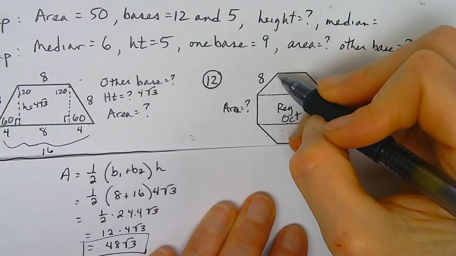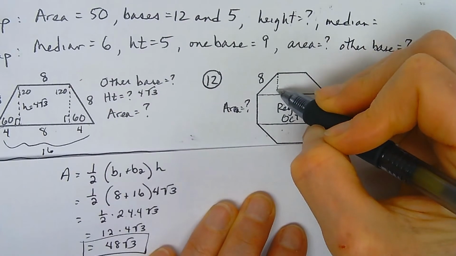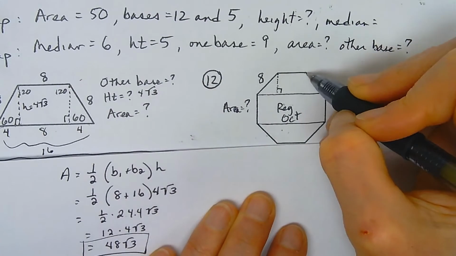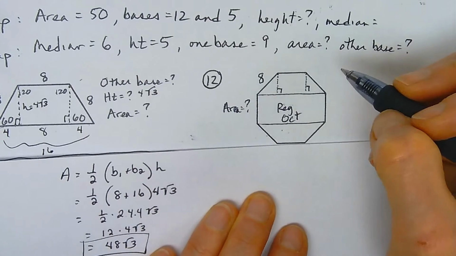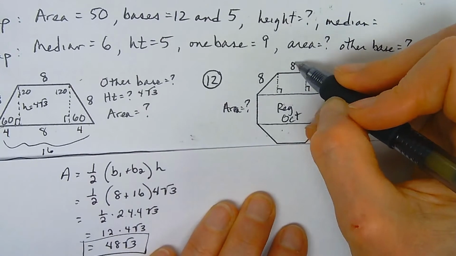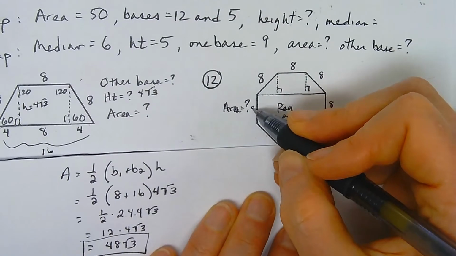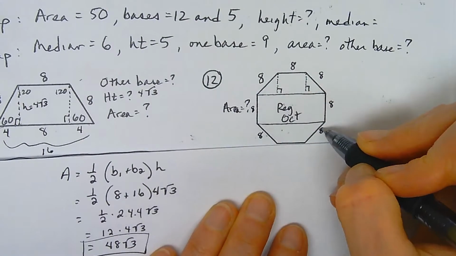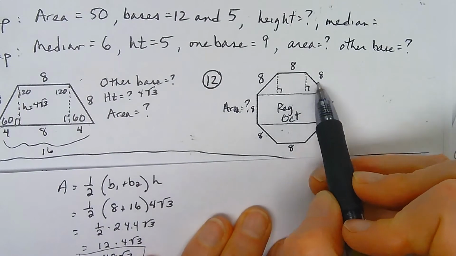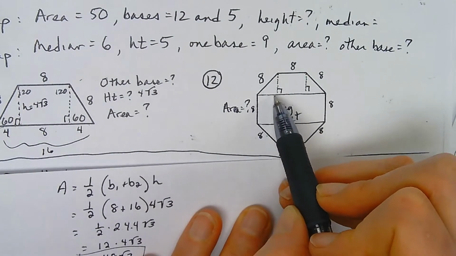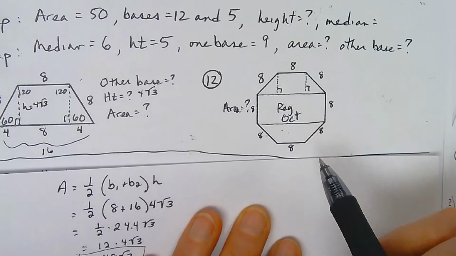Well, we can drop a height down for this top trapezoid, and we can draw one over here too. We know that this is 8 and this is 8 because this is a regular octagon. These are all 8. But to find the area of this trapezoid, we need to find the length of this bottom base and the height.